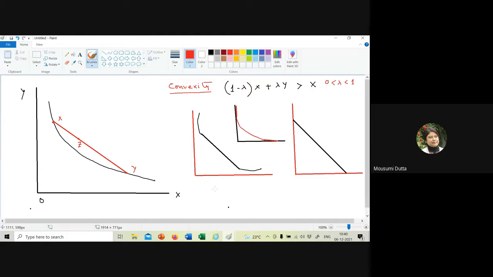Now, how can we present the idea of strict convexity of the indifference curve? To understand that, in the last class we considered two points along the indifference curve, say x and y. It will be better if, instead of writing x and y, I write x1 and x2 as two commodities.